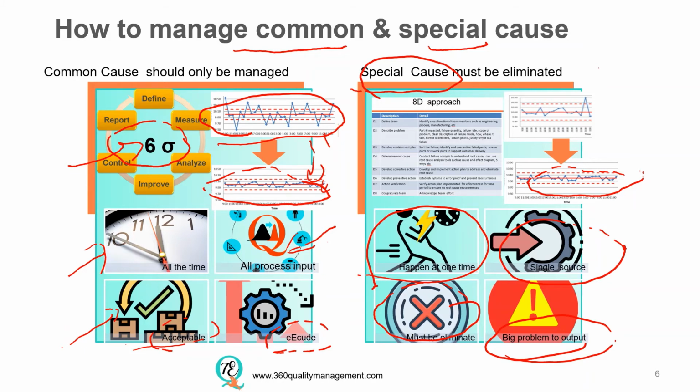So normally we want to eliminate special cause variations, and one of the ways is through corrective action methods such as 8D approach, which will remove the spikes from the process and it will go back to the common cause type of variations in the process input level.